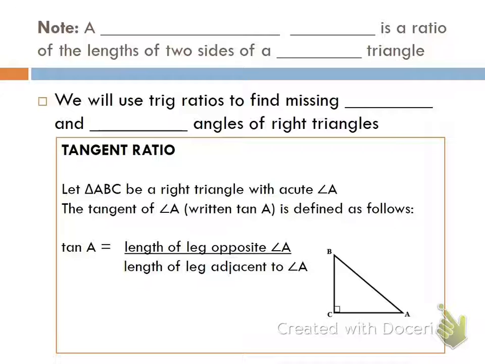Note, a trigonometric ratio is a ratio of the lengths of two sides of a right triangle.